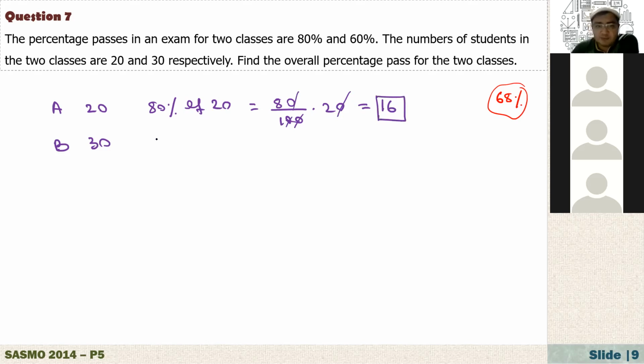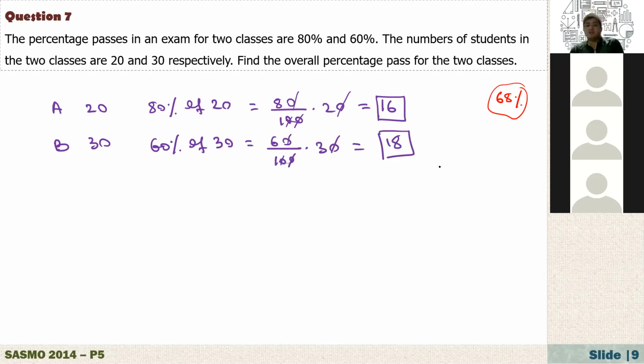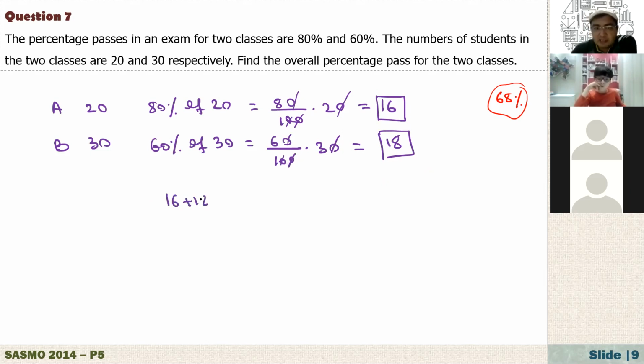From the second class, 60% of how many students? 30, right? So that's 60 over 100 times 30, which is 18. How many students pass? 18, right? The question is, find the overall percentage pass for the two classes. So altogether, how many students pass? 16 plus 18, out of how many students?